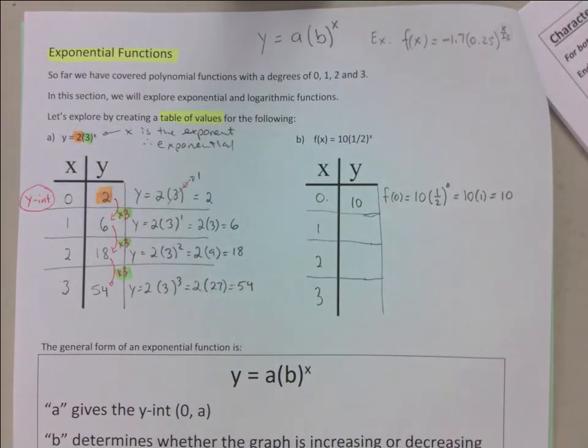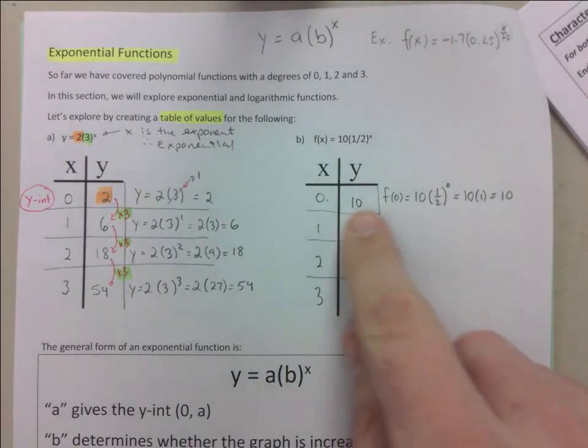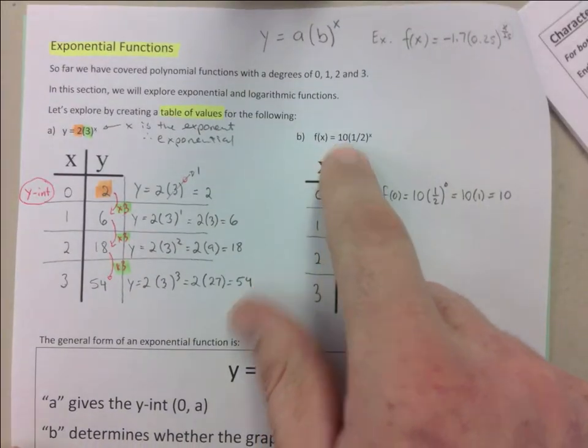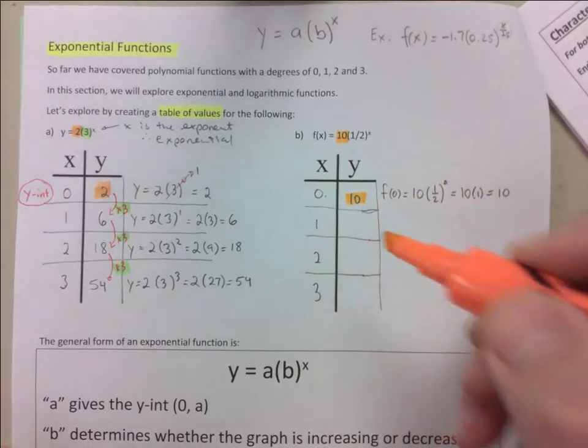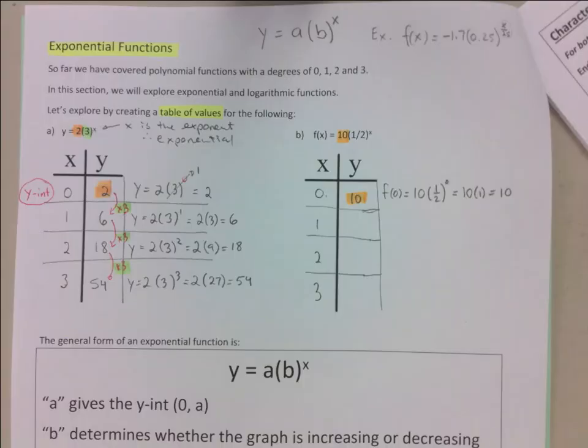Are we surprised that this is 10? If we look at the equation, right? 10 there, 10 there. And it is a y-intercept again. Interesting.